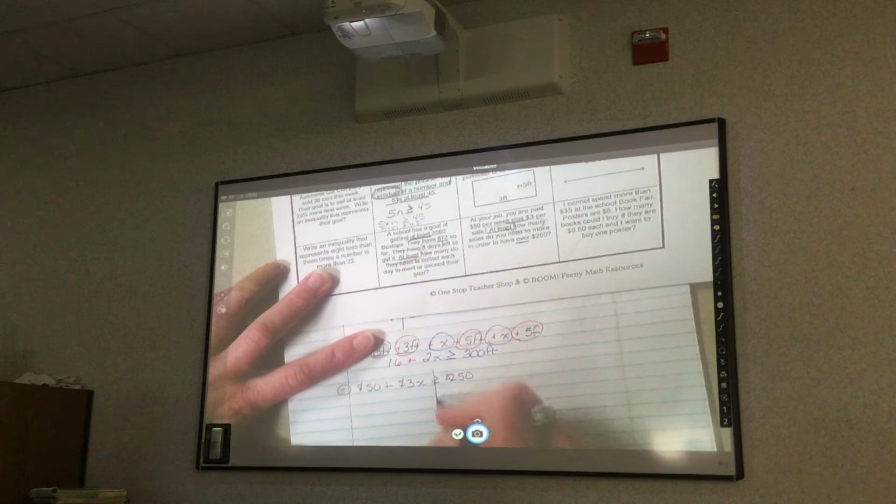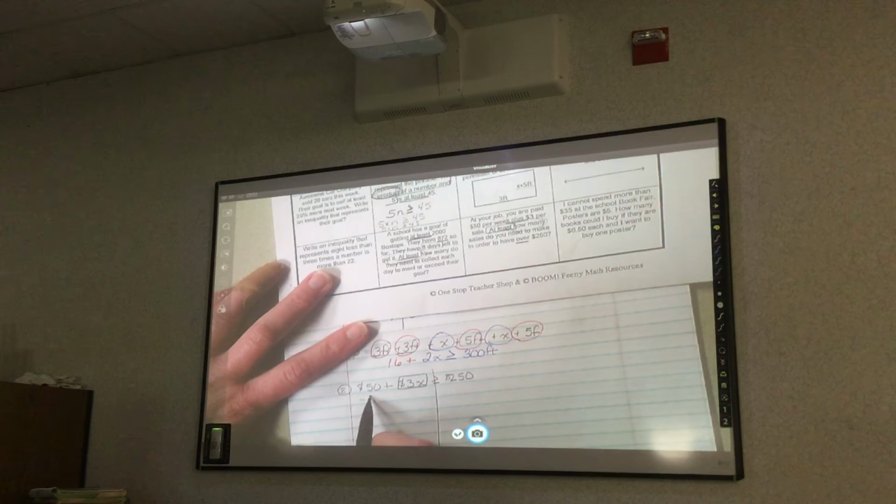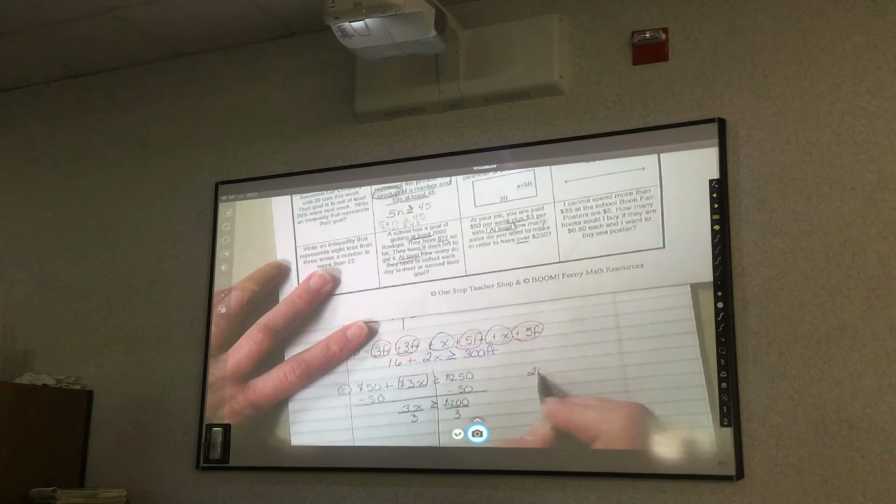So now I'm gonna draw my line, box up my 3x, subtract 50 from both sides. I'm left with 3x is greater than or equal to 200. Divide by 3, divide by 3. Gonna come over here and do 200 divided by 3. 3 doesn't go into 2, but it goes into 20 six times, which is 18.